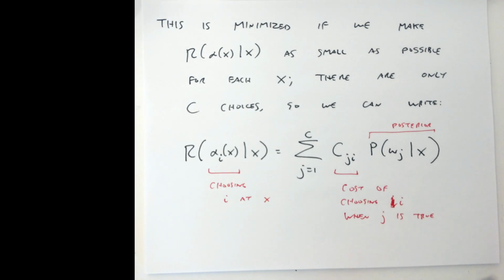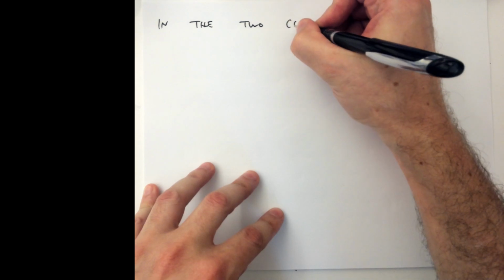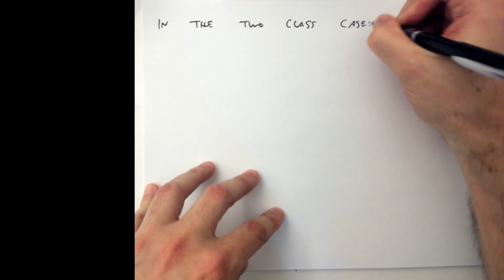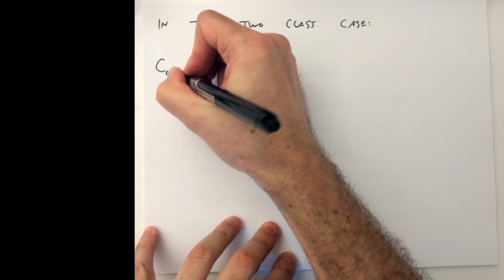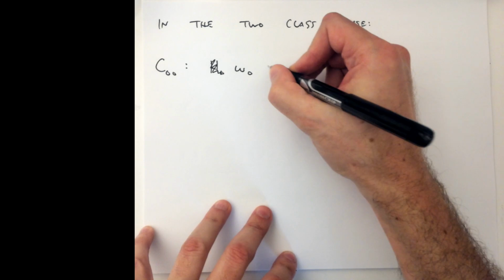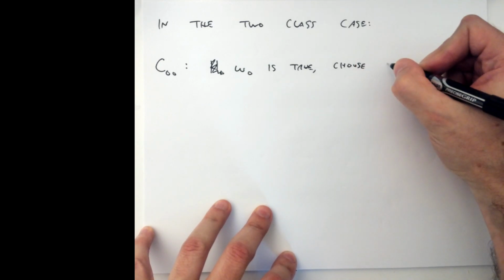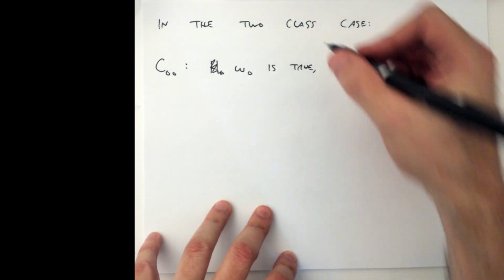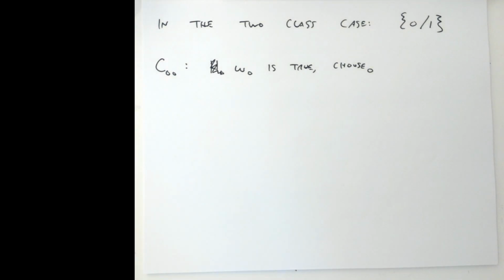So in the 2-class case, what I have are basically 2 by 2 ways that I have to measure things. C00 is saying that class 0 is true and I choose class 0. Sorry, now I'm in 0, 1 classes; I went from omega 1, omega 2 to zeros and ones just for the sake of this slide.